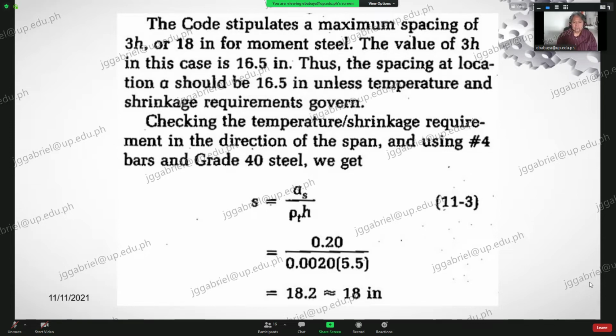So you will still have to compare that with the temperature and shrinkage, no? Even along the moment reinforcement. Checking the temperature and shrinkage requirement in the direction of the span and using number 4 bars and grade 40 steel, we get that.